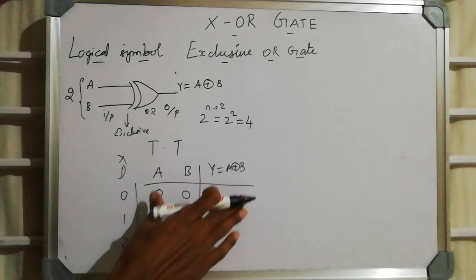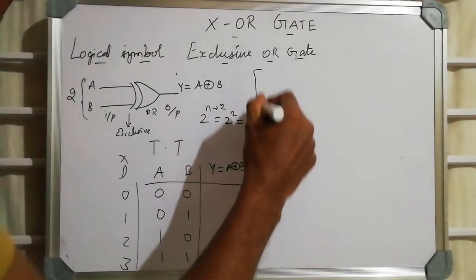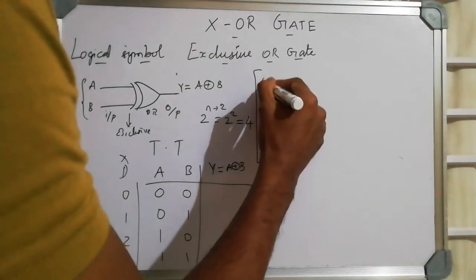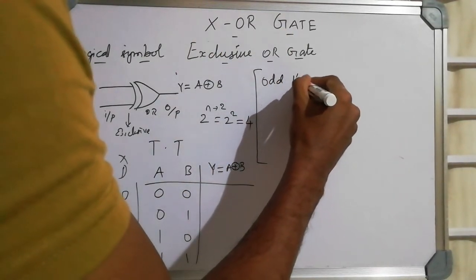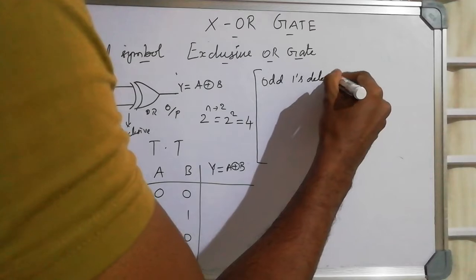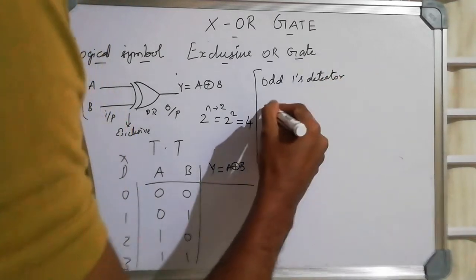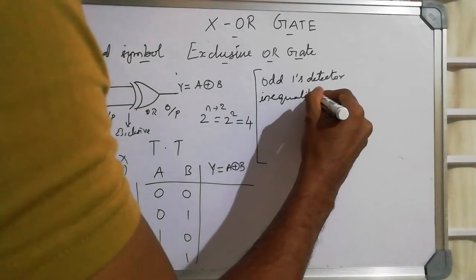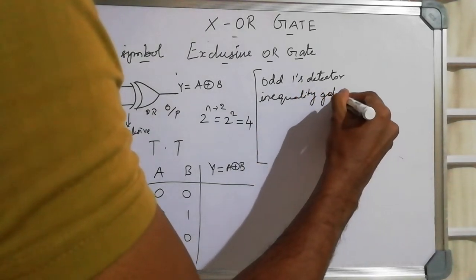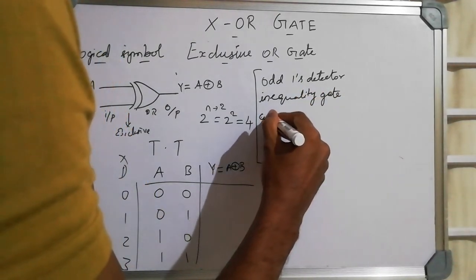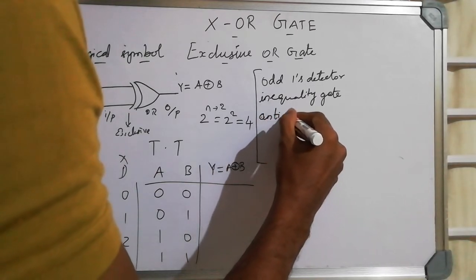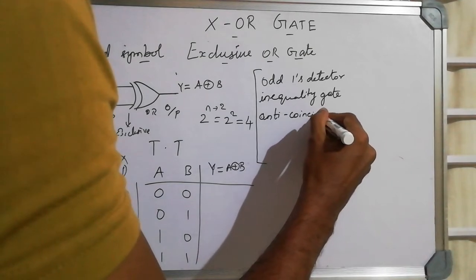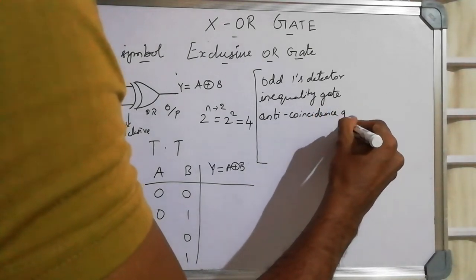Before going to the truth table we have to keep some things in mind. The XOR gate is an odd ones detector, and it is also an inequality gate and an anti-coincidence gate.